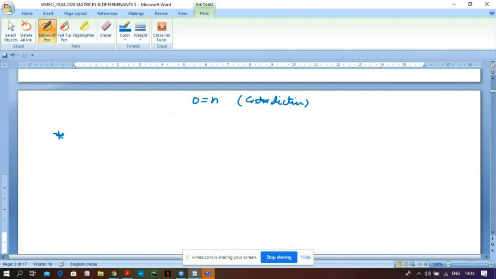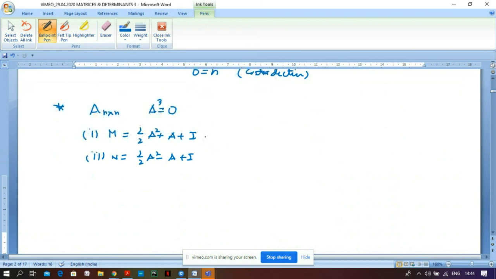How about this one? This is another direction. A is an n by n square matrix such that A cube equals 0. You have to find out whether the matrix M, given by half A square plus A plus I, and the second, N, given by half A square minus A plus I, are invertible or not.